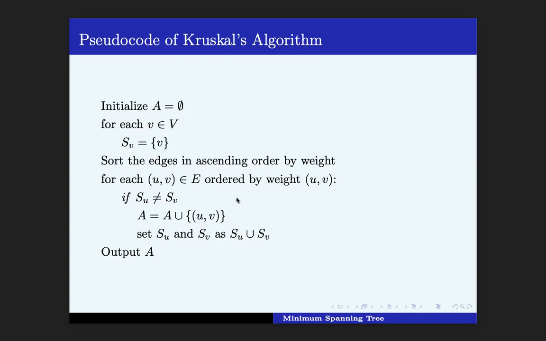So I will let you go and really try to think about it. What is it that you can do? You have to use some kind of data structure, but the basic idea is that you want to keep, for every vertex, the set of all vertices connected to that vertex, or a representative name, basically.